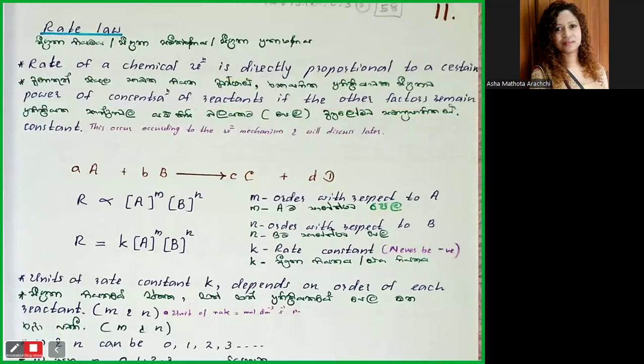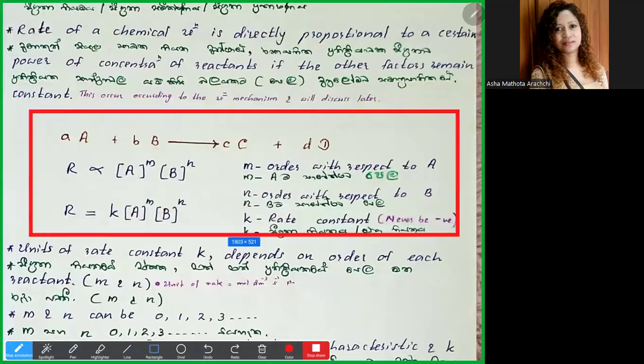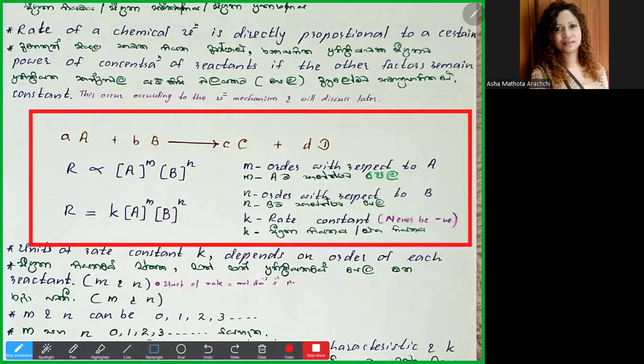Okay, let's copy only this part. M, order with respect to A. N, order with respect to B. K, rate constant.